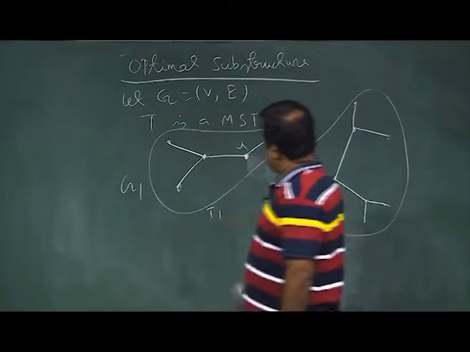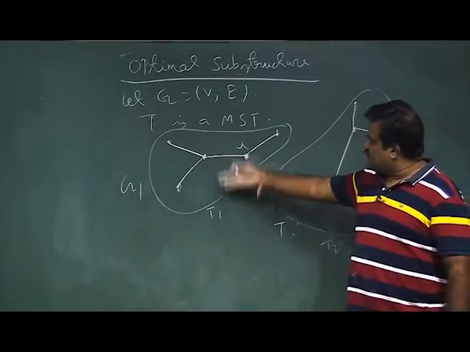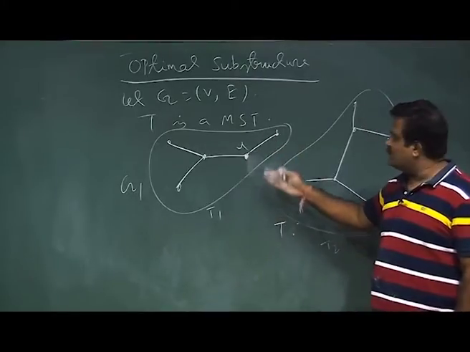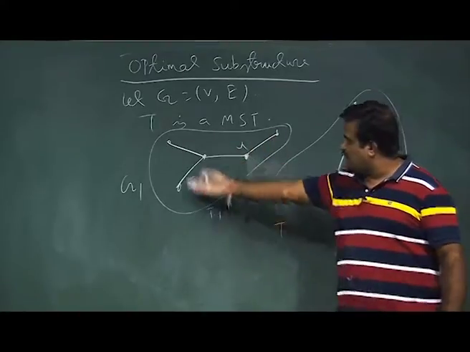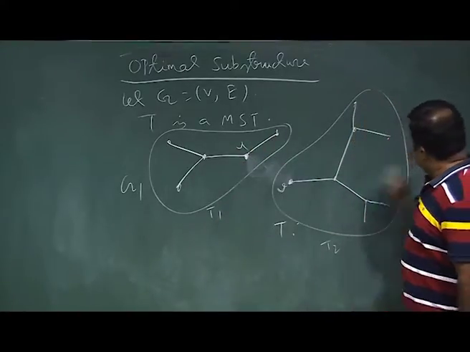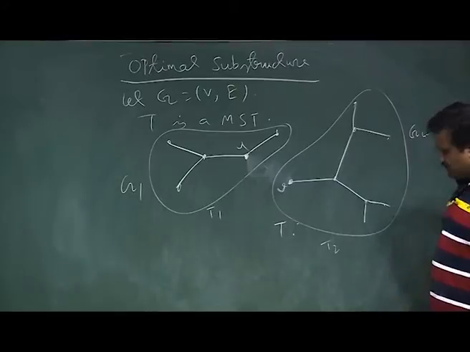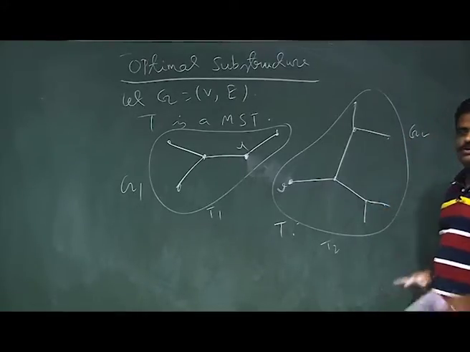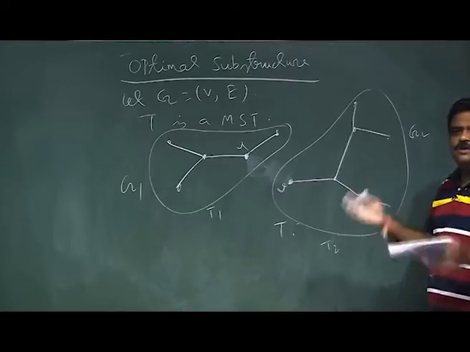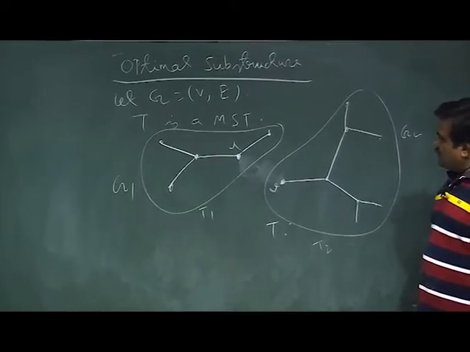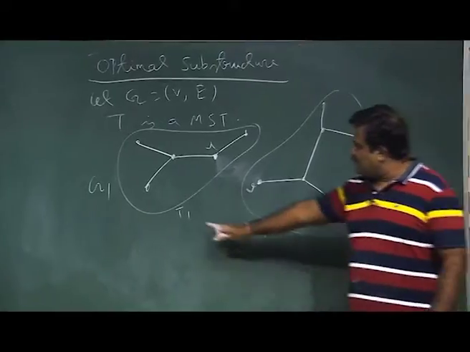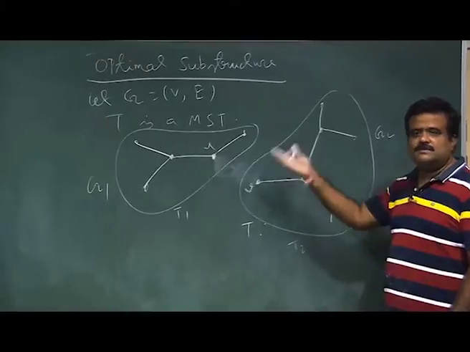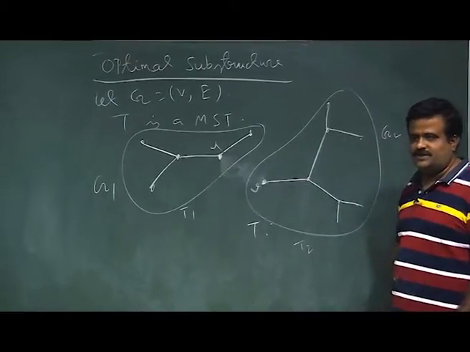G1 is the graph which is induced by T1. That means G1 contains all the edges connecting the vertices from T1, and G2 is all the edges connecting the vertices of T2. So basically G is G1 union G2. Okay. So we have to prove that T1 is the minimum spanning tree of G1 and T2 is the minimum spanning tree of G2. Then that will be sufficient to show that optimal substructure is there.